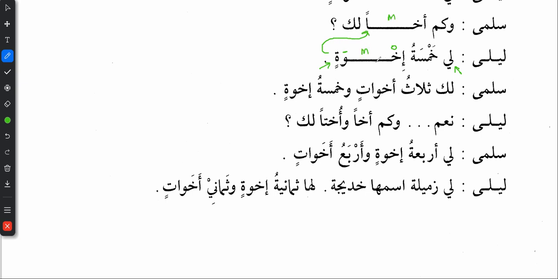And now you will decide the gender. So the gender is feminine, khamsatu. That's why the gender of the number is changing. Li khamsatu ikhwatin. Salma says, Lucky thalasu akhawatin. Now you can see the difference, akhawatin and ikhwatin. Wa khamsatu ikhwatin.